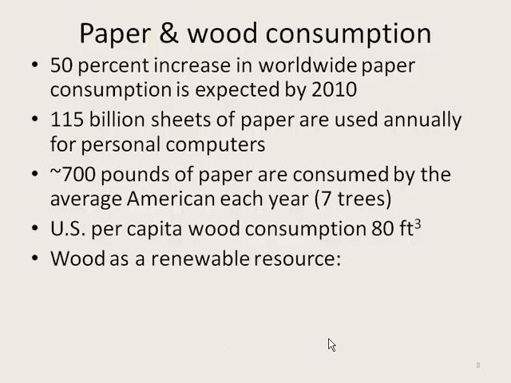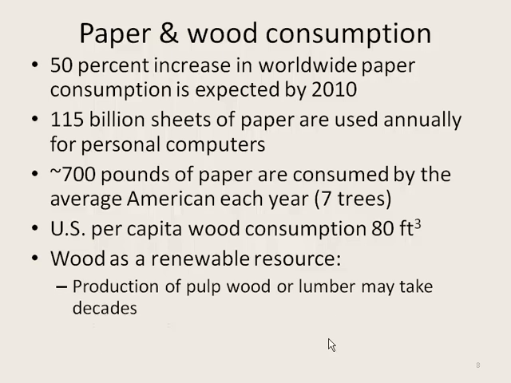Wood is, the positive aspect compared to many of the other materials is that wood is a renewable resource. However, you have to bear in mind that the wood that's consumed for paper and products, especially disposable products, it may take decades, 30, 40 years, before a tree grows to the size that it can be harvested and turned.